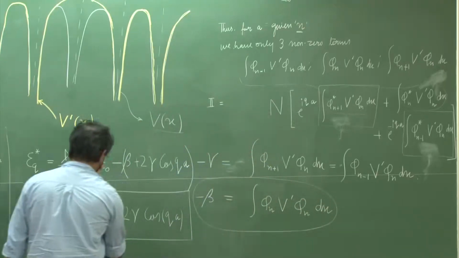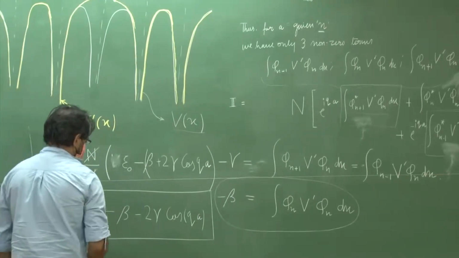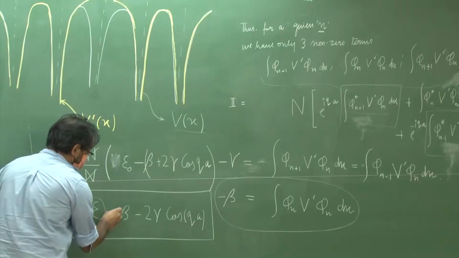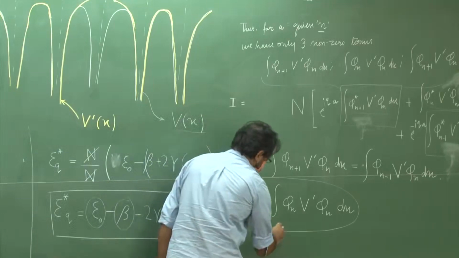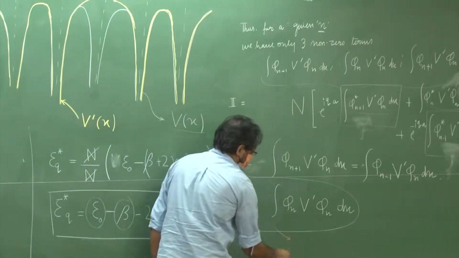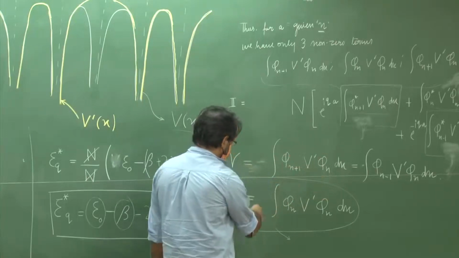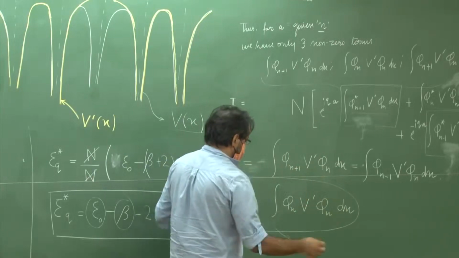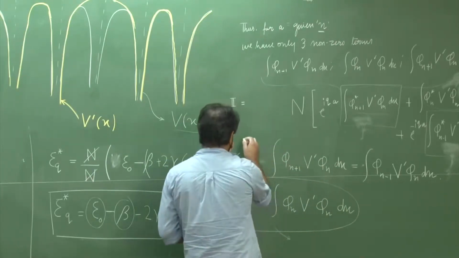So there is an energy lowering. This is the energy of the electron in the isolated atom. Then you lowered it by an amount beta. This lowering is coming because of the nuclear charge seen by the electron at the nth site by the remaining nuclei, right? So this is what this quantity is.